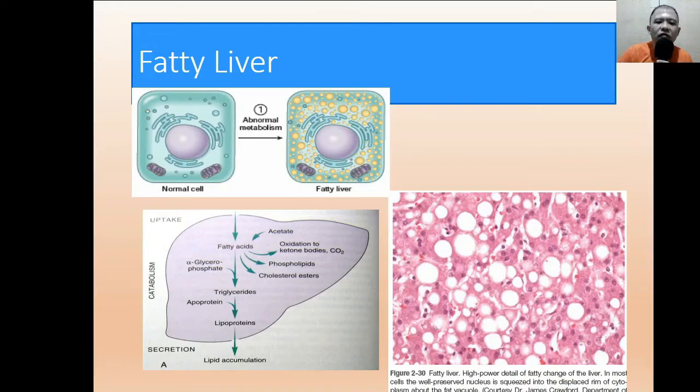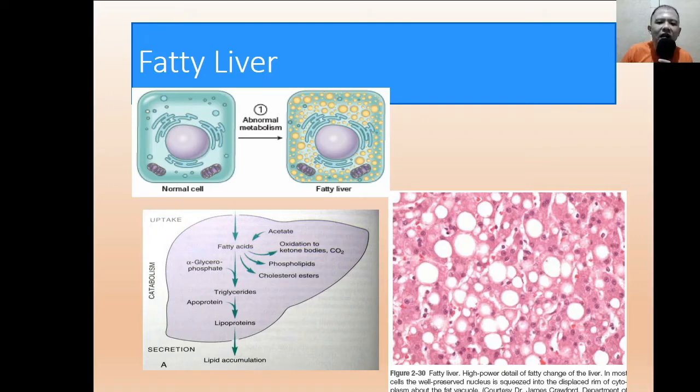So let's go first to fatty liver. I'm going to talk in general about the major entities in the continuum of liver injury. A fatty liver or steatosis is brought about by two factors. First is the deposition of lipid molecules such as triglycerides and cholesterol in the hepatocytes.